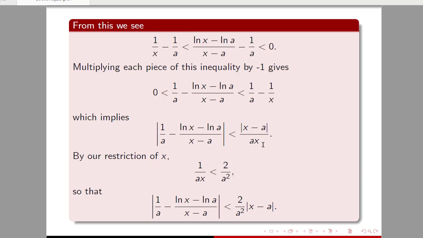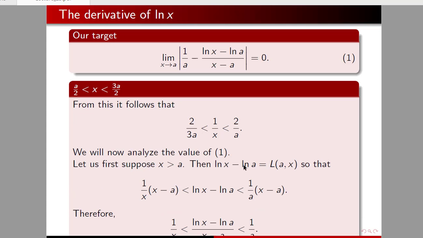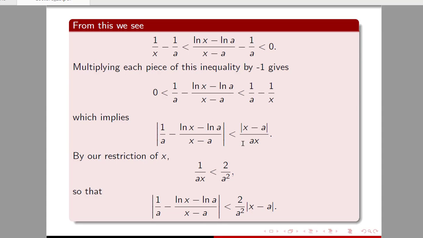Now, that x in the denominator still bothers me, but I can use our restriction on x. On the previous page, 1 over x is less than 2 over a, to get that 1 over ax is less than 2 over a squared.